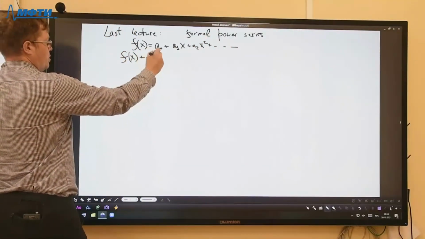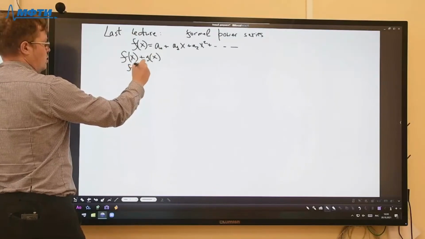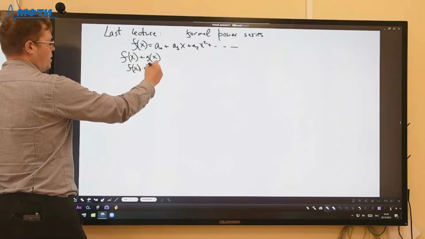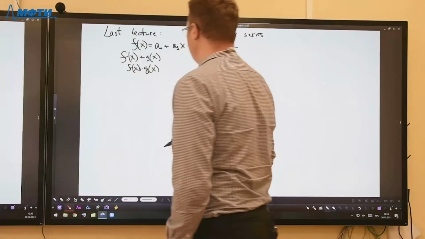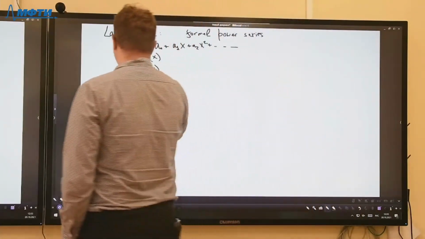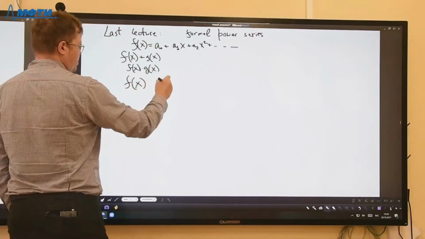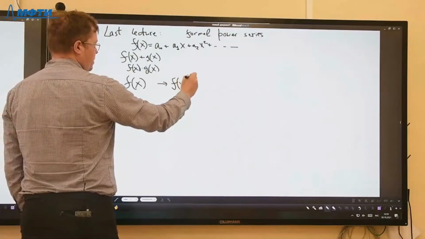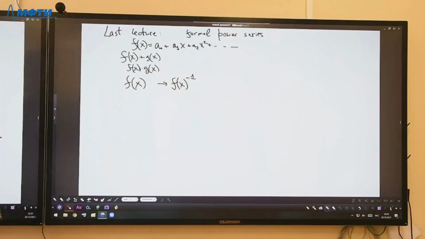We also defined the inversion. So if we have a formal power series, we can try to calculate its inverse.